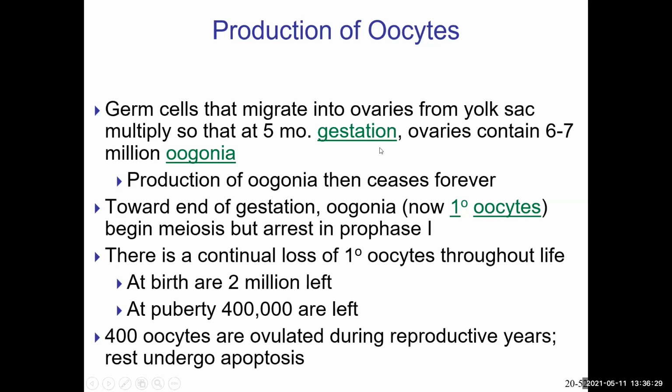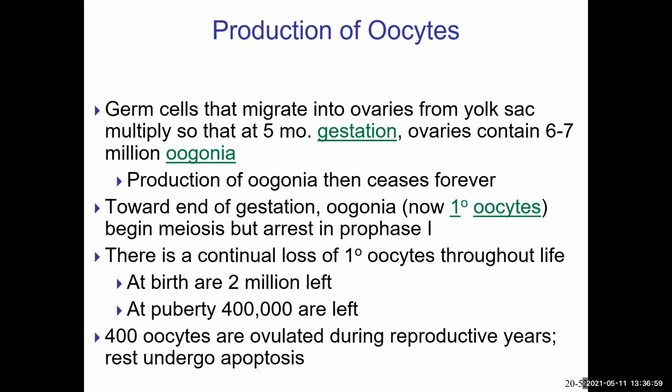Germ cells migrate into the ovaries from the yolk sac. So when you were in the 5th month of gestation inside your mother's womb, that's the time you got these primitive egg cells from the yolk sac.